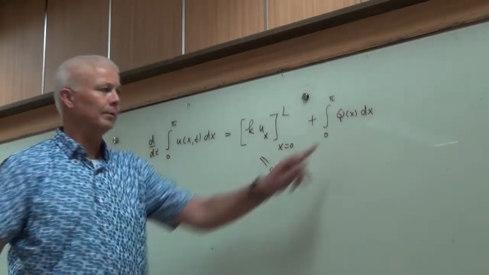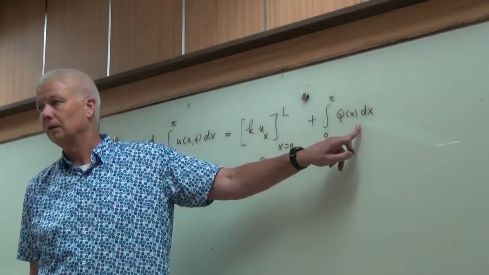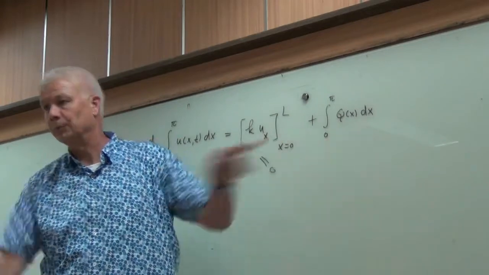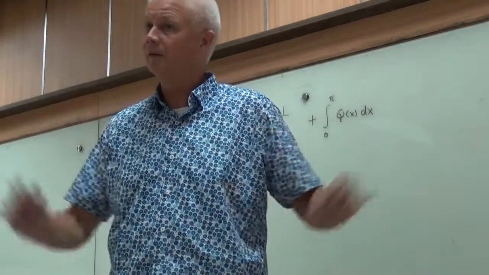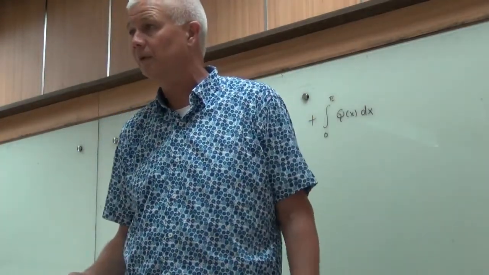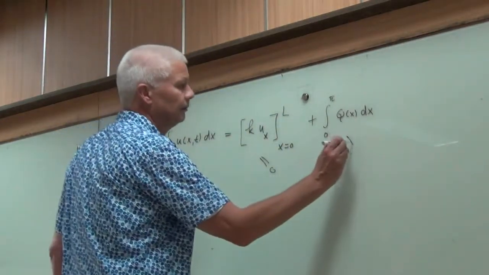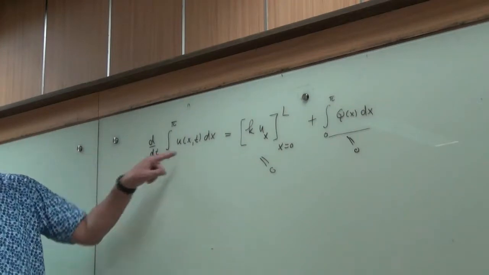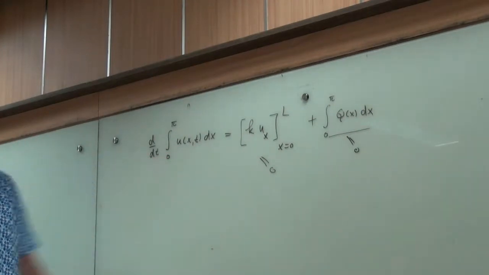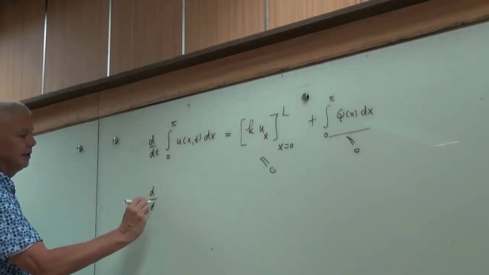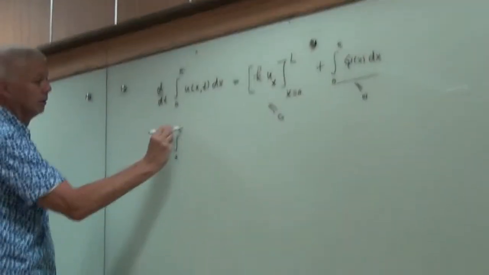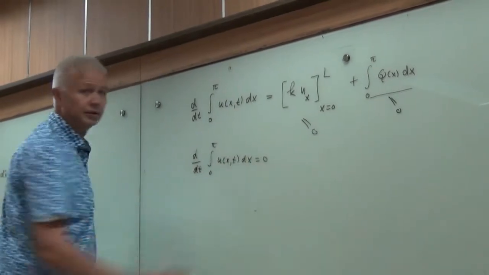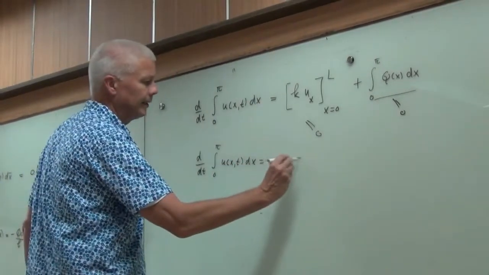So this is 0. What do I know about this integral? That was the net heat production. You're producing heat, heat is going out over there. That integral is 0. So the time derivative of this integral is 0. The d/dt of this integral of u(x,t) dx is 0.